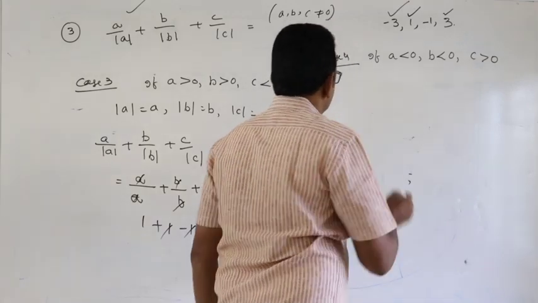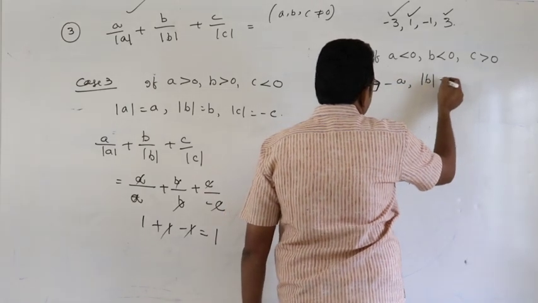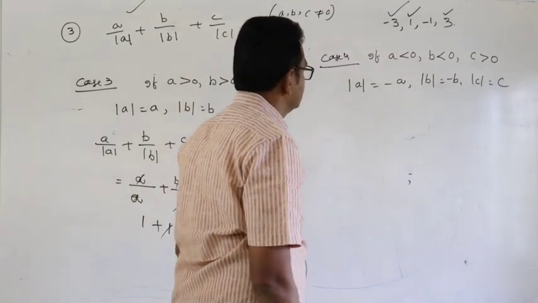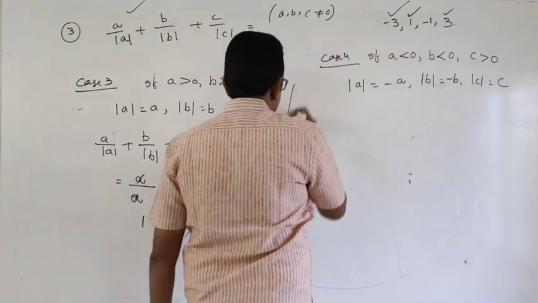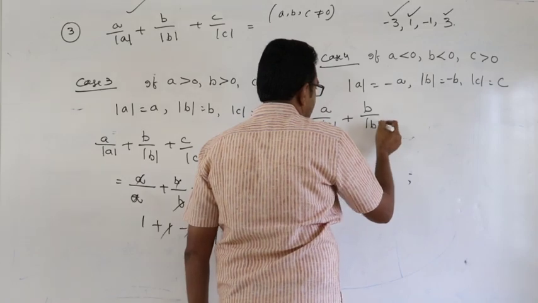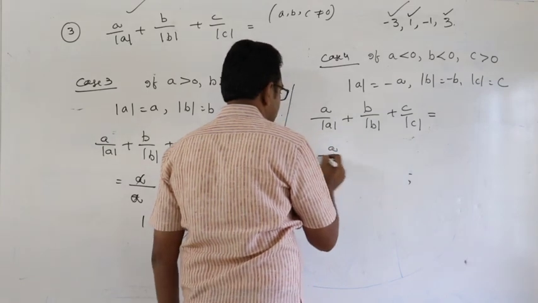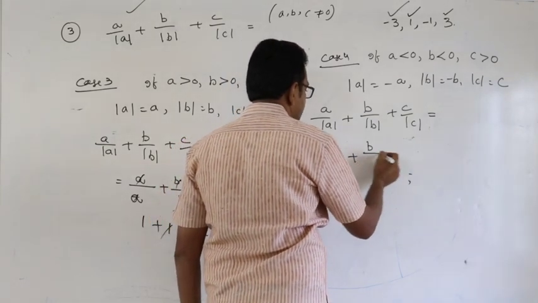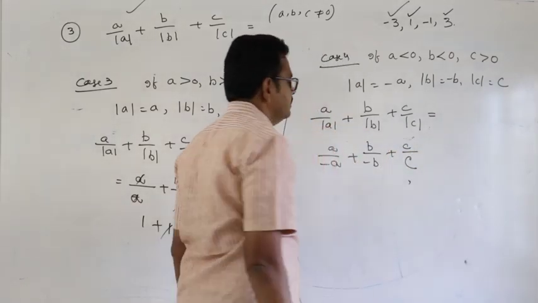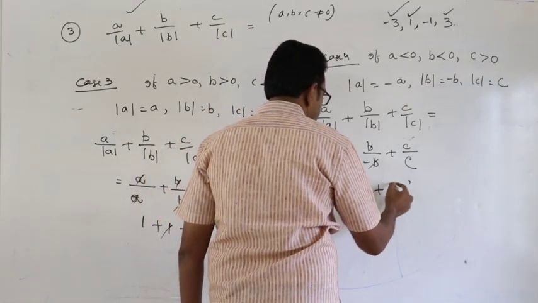According to the definition, mod A is equal to minus A, mod B is equal to minus B, and mod C equal to plus C. So, now A by mod A plus B by mod B plus C by mod C is equal to A by minus A plus B by minus B plus C by C. Therefore, this is minus 1, this is also minus 1, this is plus 1.